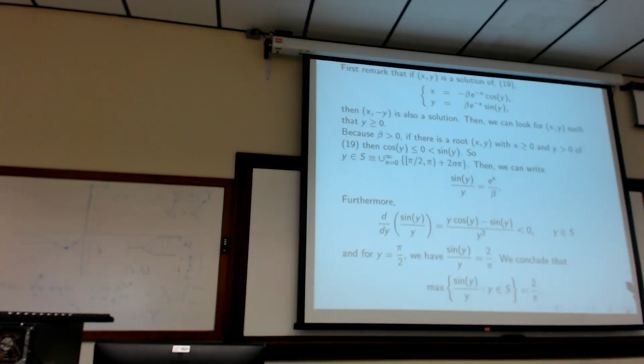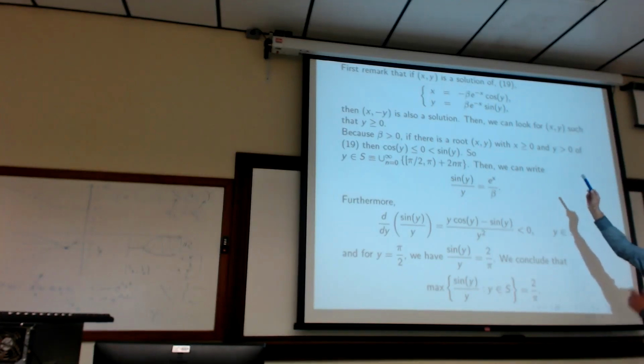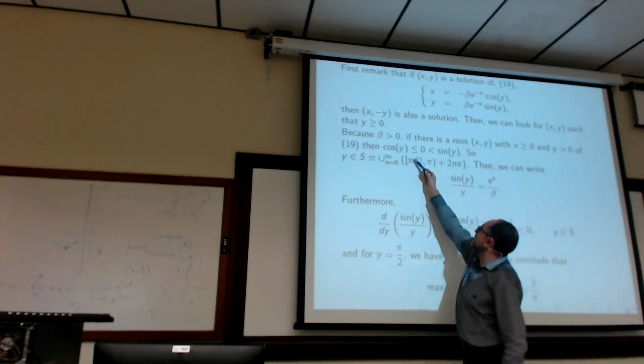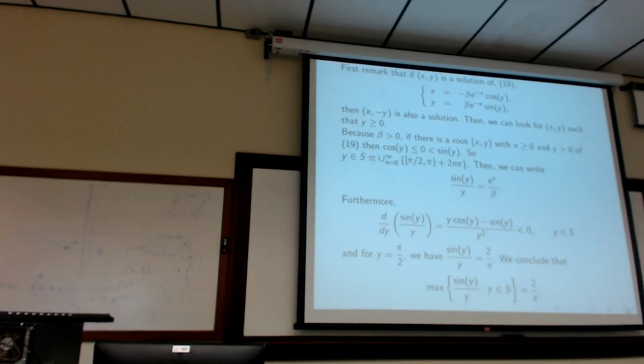If beta is positive, and there is a root x, y with x positive and y positive, as we restrict this, then we can see that we have this property. It's very easy to see because as beta is positive and x is positive, cosine is negative.